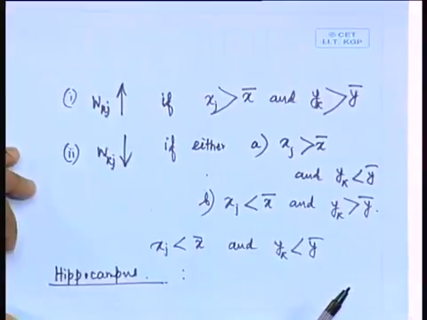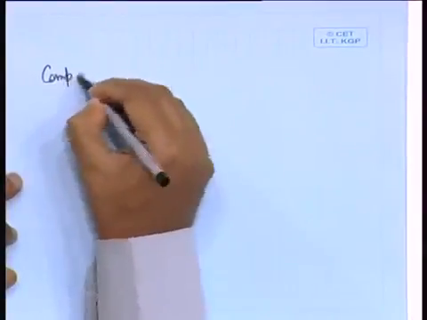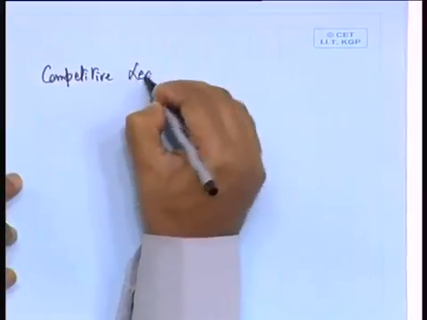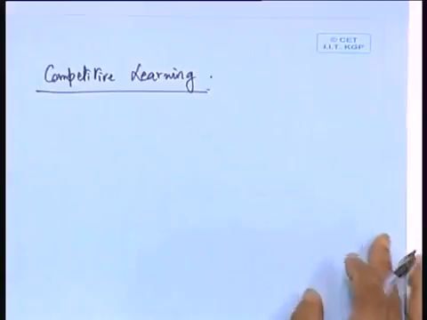Any other questions, any other observations that you would like to add at this point? Okay, good. So, we can go over to the next mechanism of learning, which we can call competitive learning. Competitive learning. Yes, please. Please feel free to ask questions.